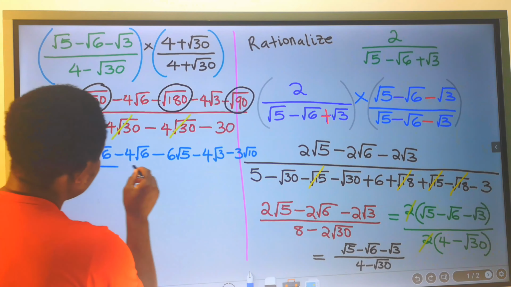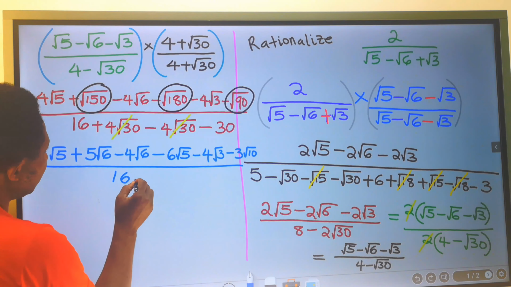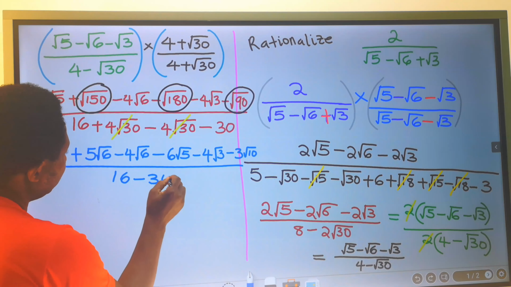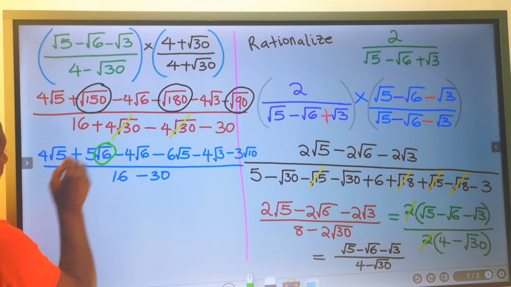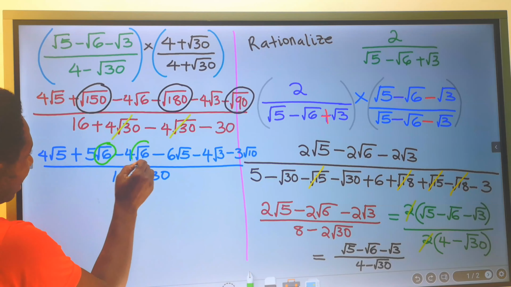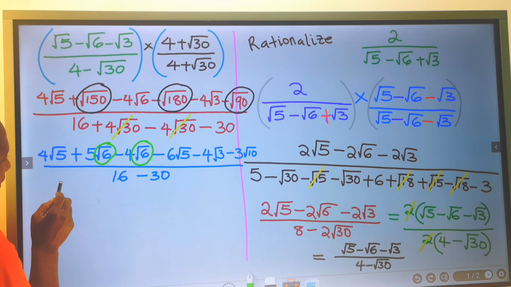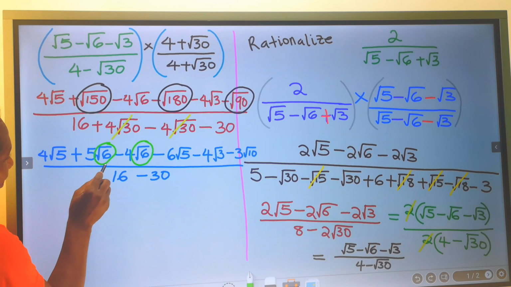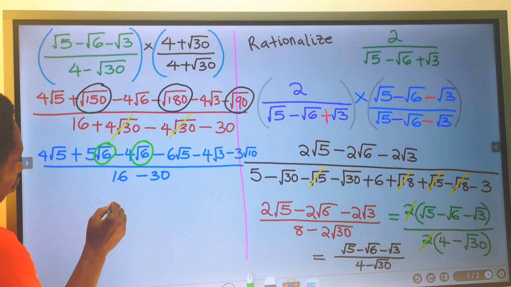Next, at the denominator, I'll be left with 16 minus 30. Next, I have root 6 here. Likewise, I have root 6 here. If root 6 is an orange, 5 oranges minus 4 oranges, I'll be left with only 1 orange.